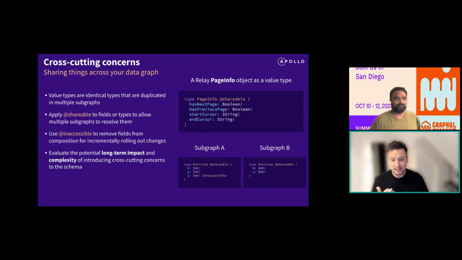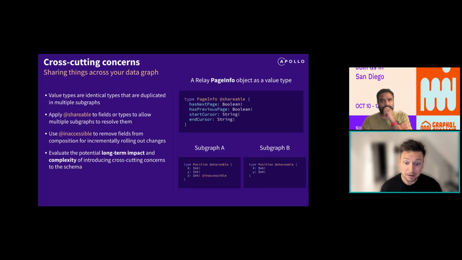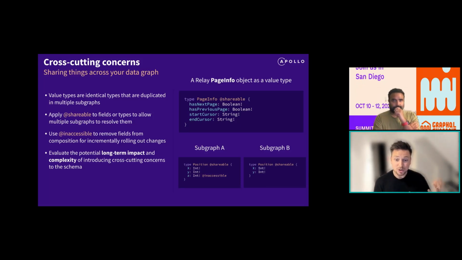What we're saying is that if we're doing a query that is pulling almost entirely types from subgraph A, it can also resolve position from subgraph A. Or if our query includes types from purely subgraph B, including position, we don't need to make an additional call to subgraph A to resolve that data. Subgraph B also has access to that.